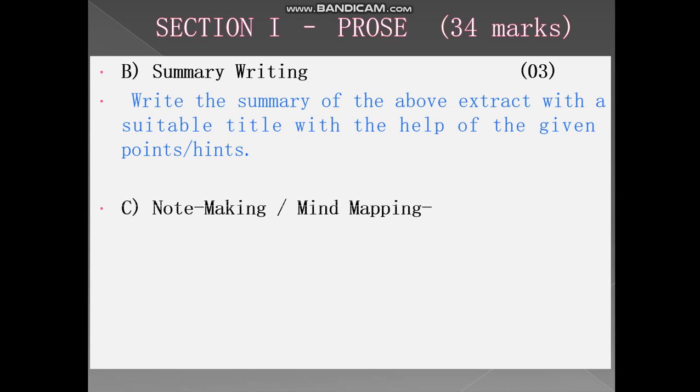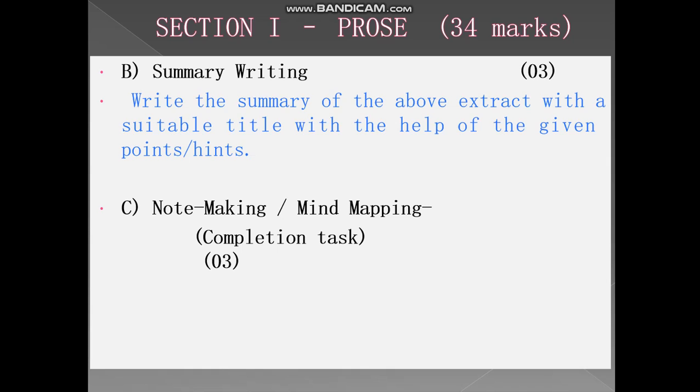Now see, in question 2 not only A and B, but which segment is there? C segment, note making and mind mapping. Already we talked about it, and here they have given specifically one thing, a completion task, meaning you have to fill that up. But as I told you before, you have to write the complete structure of the same.